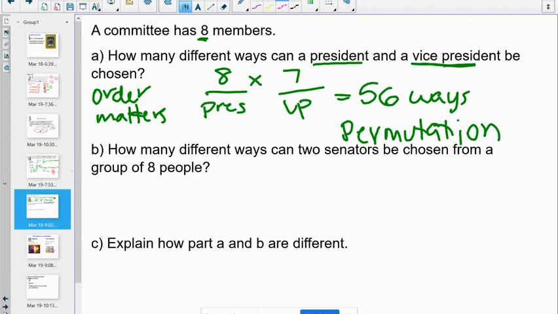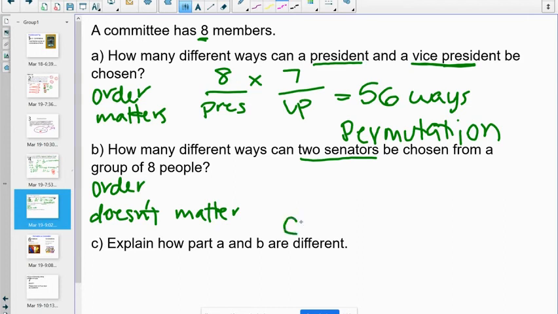And how many ways can 2 senators be chosen? Let's see, does order matter? If they have the same role, order does not matter. And this is a combination, when order does not matter. This is what we learned about today. Remember, a combination is the number of permutations over the number of ways to arrange the 2 things being selected, because we have 2 senators.